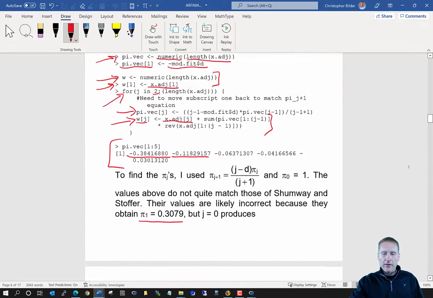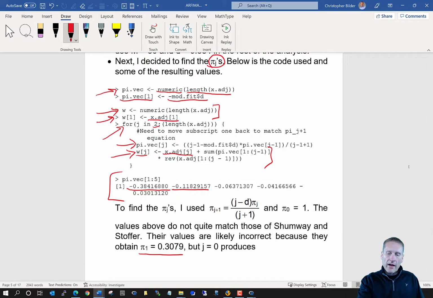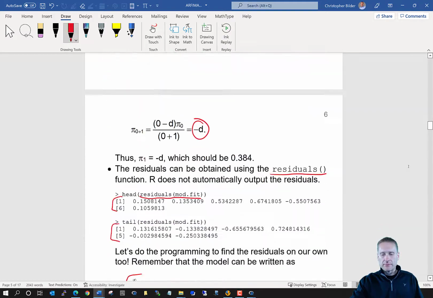So the way that I handle that is when I want to take the sum of the pi's times the x's, I have my pi's here in a vector, and I take it times the reverse of my x's that are in my x data vector. So that's how I was able to match up the indices nicely.